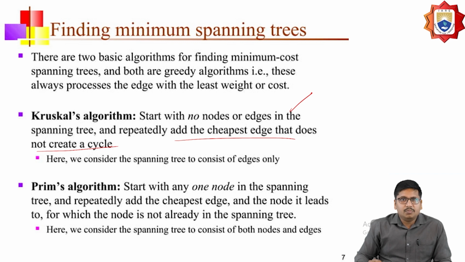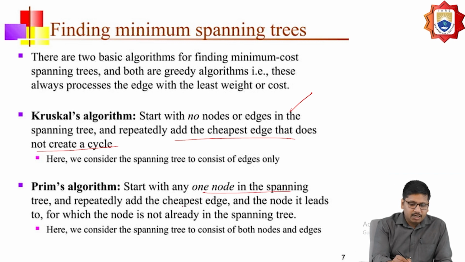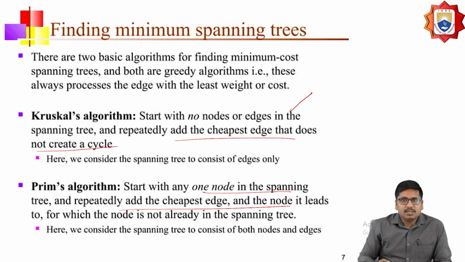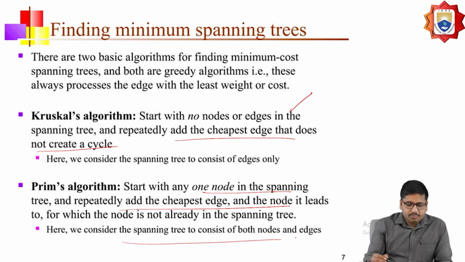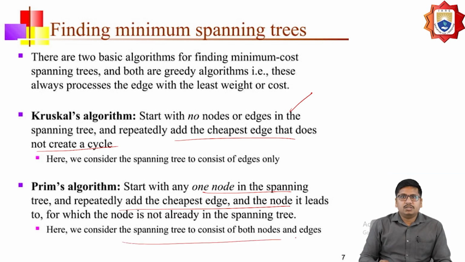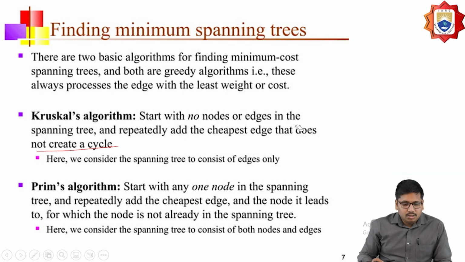And in Prim's algorithm, you start with any node in the spanning tree and repeatedly add the cheapest edge and the node it leads to. So here we construct the spanning tree by adding both the nodes and the edges. So there are two types of algorithms for constructing the spanning tree: Kruskal's and Prim's.